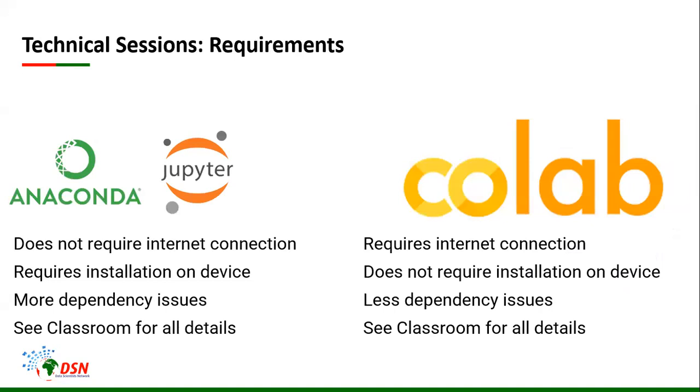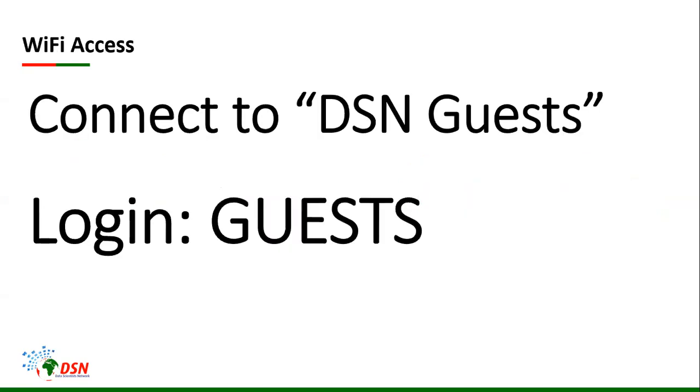Colab is online, and if you need to go online, there is free Wi-Fi here on site that you can connect to use Colab. If you are not yet connected, you can connect now for us to have a smooth class.